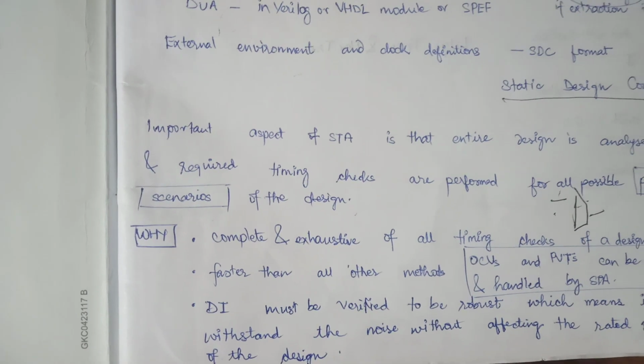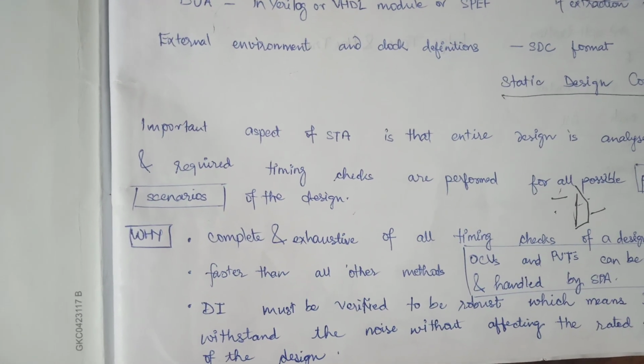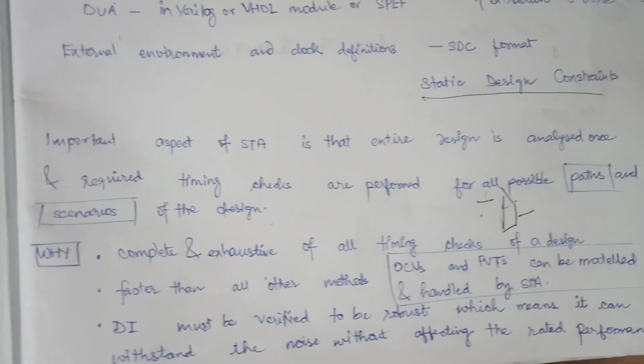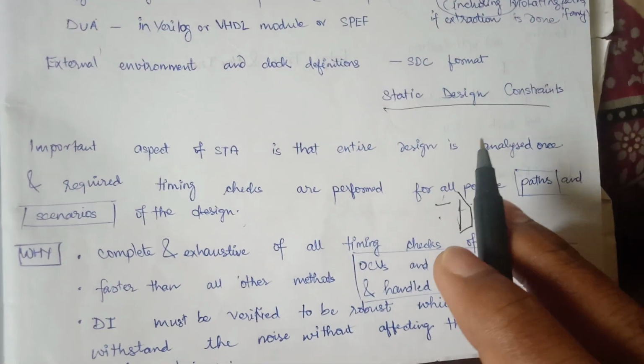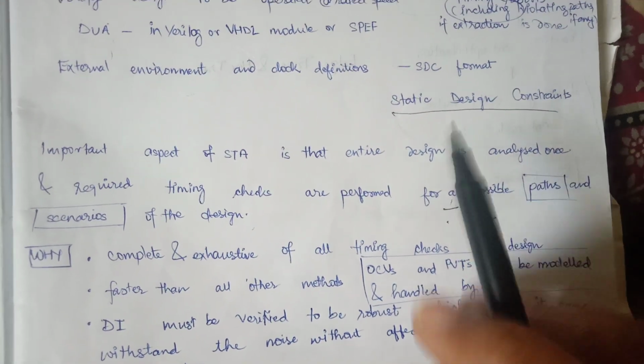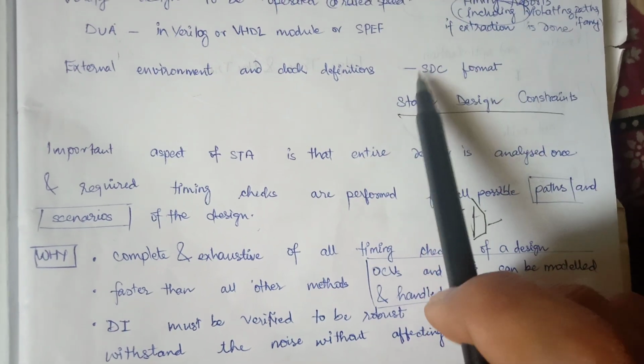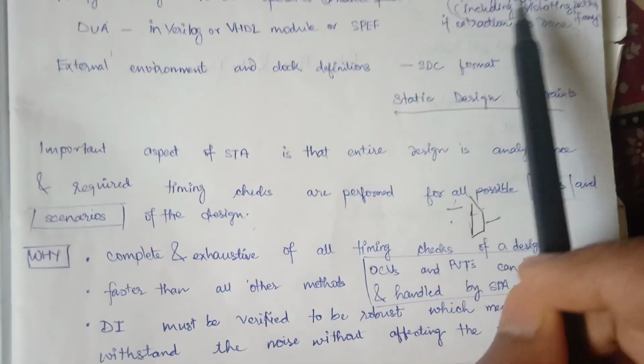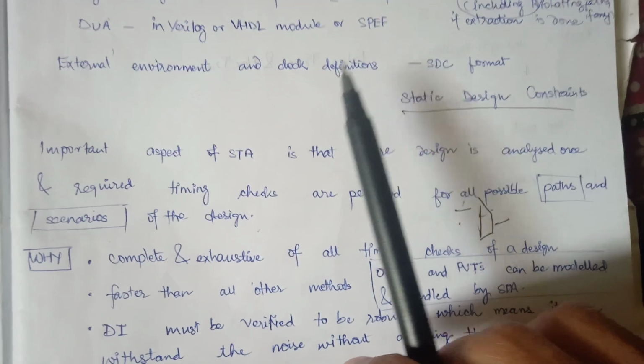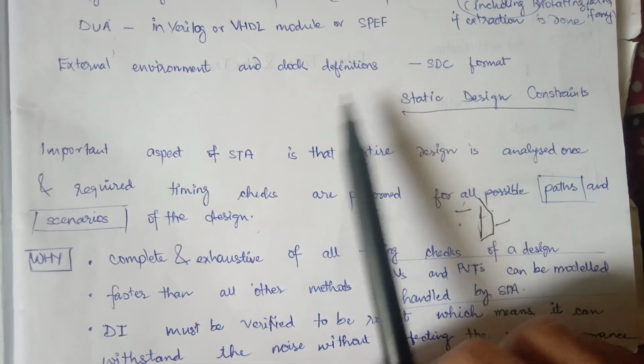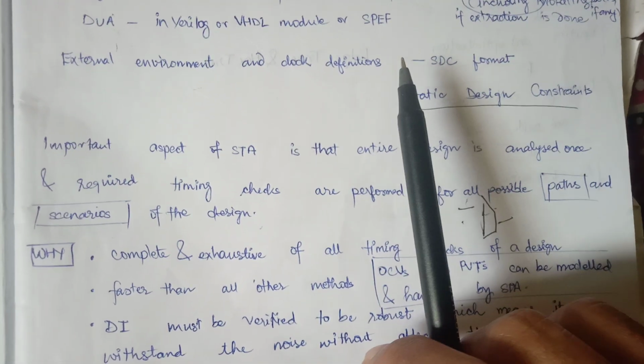The main important aspect of STA is that the entire region is analyzed once. When you go over the analysis of the inputs to the desired output, you go through the timing analysis only once.